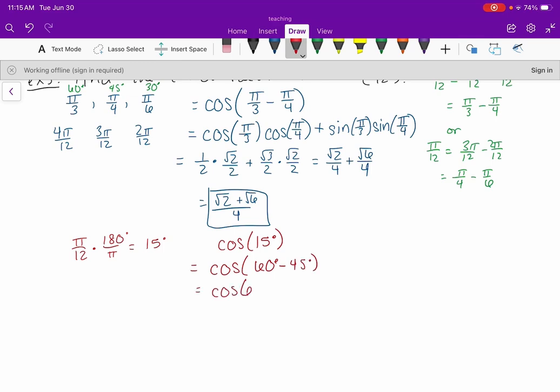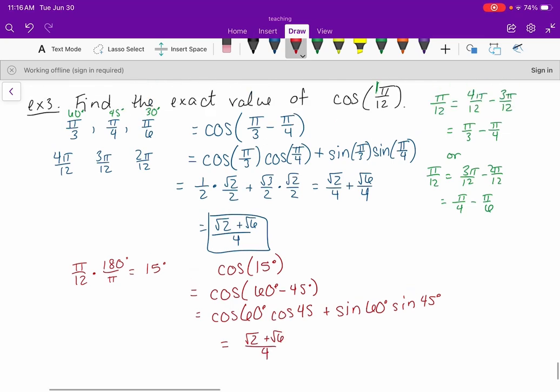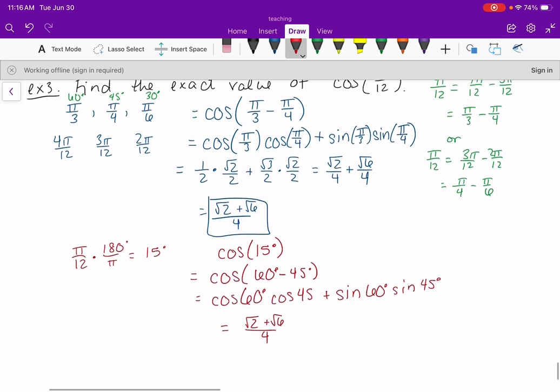Cosine 60, cosine 45, plus sine 60, sine 45. We would have gotten the exact same answer. So that's why I would just change my radians to degrees anytime I'm working with that, because you get the same answers and it's just a little easier to work with.